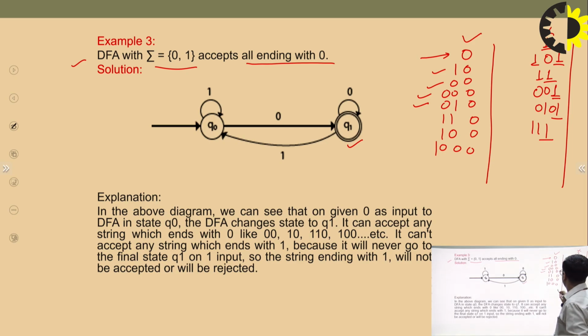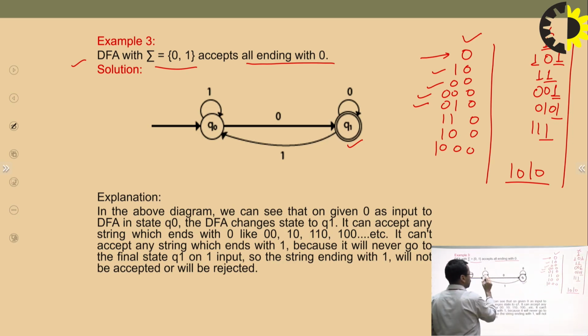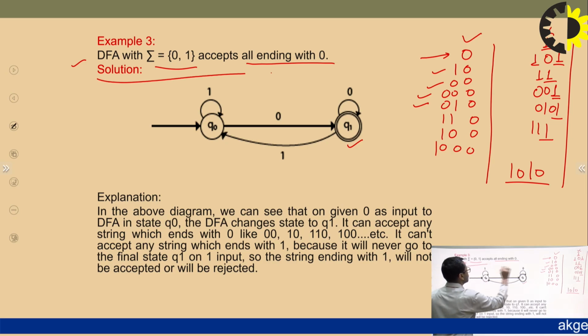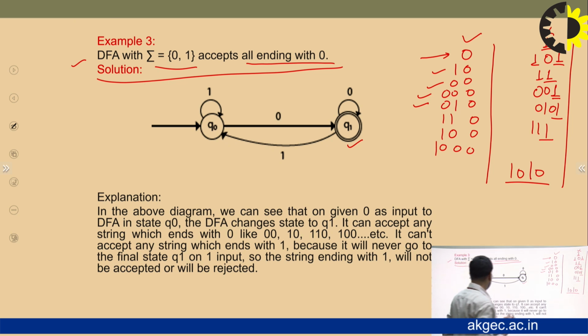Let's suppose 1 0 1 1 0 1 0. It is something different, so we check whether it is accepted or not. 1 self loops, then 0, then 1 and 0. So it is a perfectly minimized DFA model for the given language.